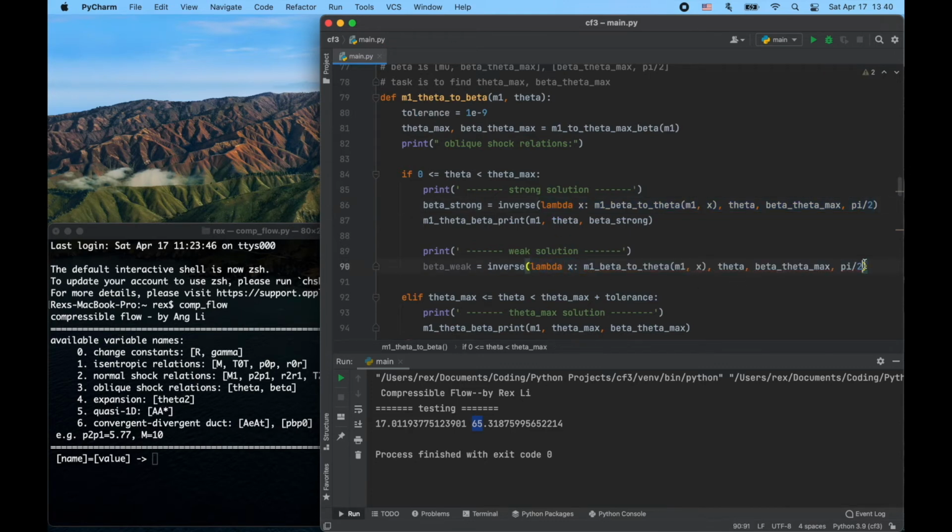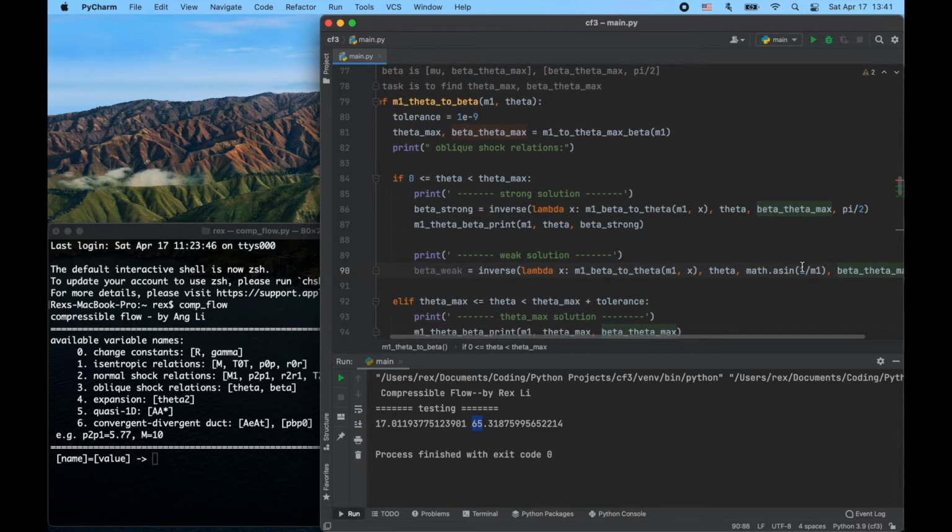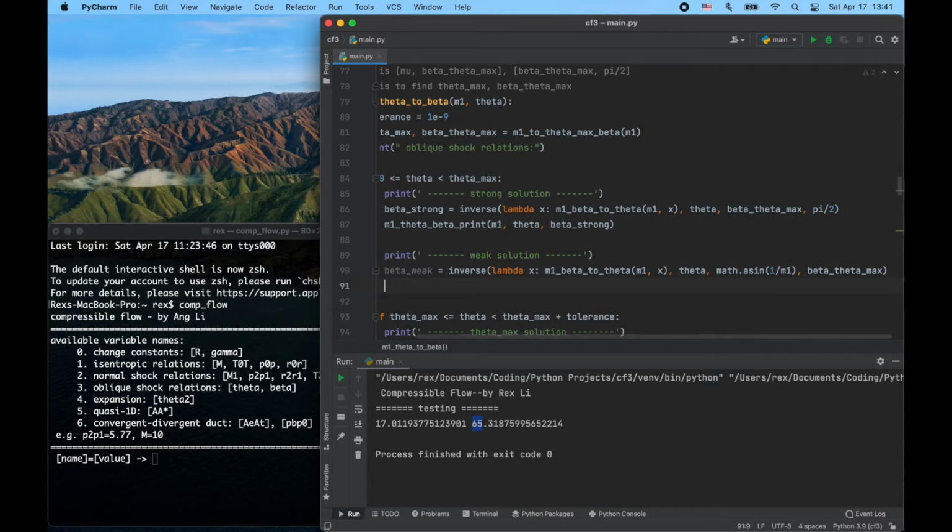The range is going to be from mu to that, and mu is simply one over Mach number. Yep, and let's print it.